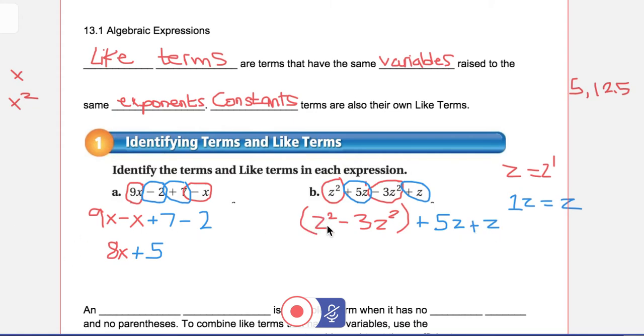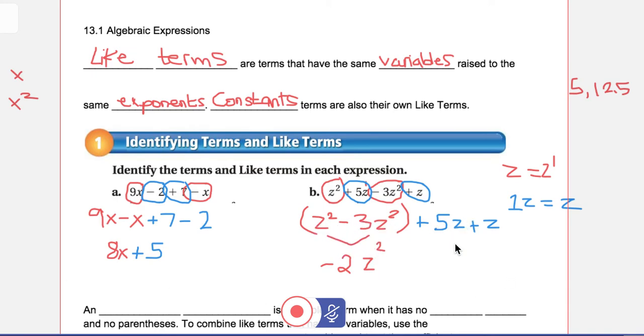If I have 1z squared, but then I take away 3z squared, I'm talking about z squared, and you can think about this as there's an invisible 1 right here. 1z squared is the same as z squared, so 1 minus 3 is a -2. So z squared minus 3z squared is really a negative 2z squared.